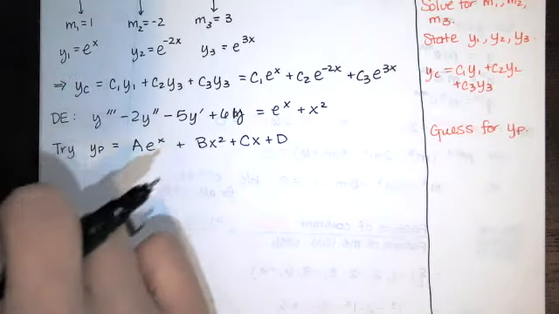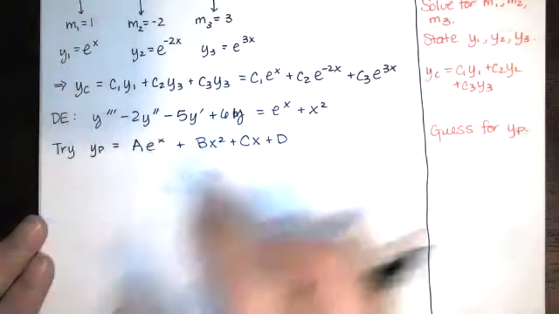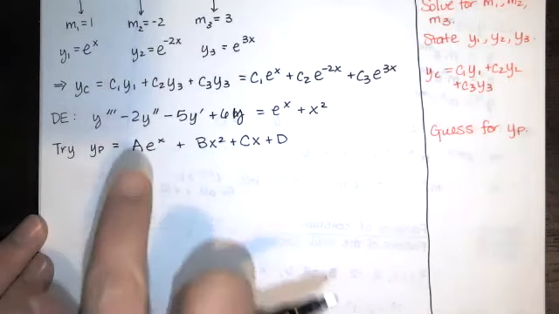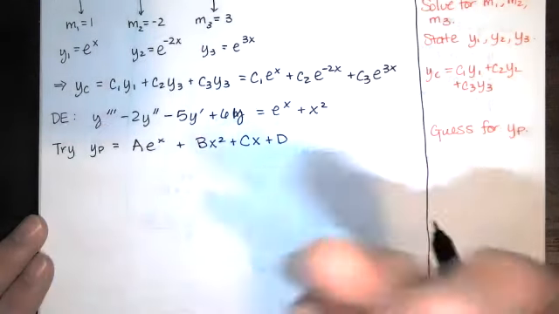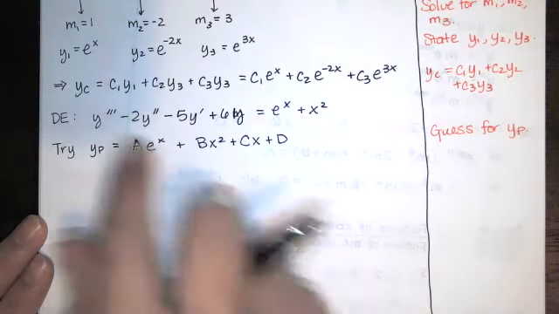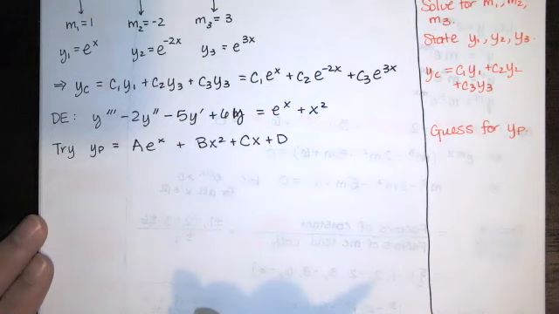Now remember from our preliminary theory, if I take any one of those and I multiply by a constant, I'm also going to get 0. And then if I add them together and substitute into the left-hand side, I'm going to get 0 because they're all solutions to that homogeneous equation.